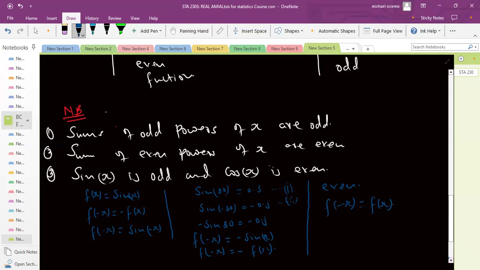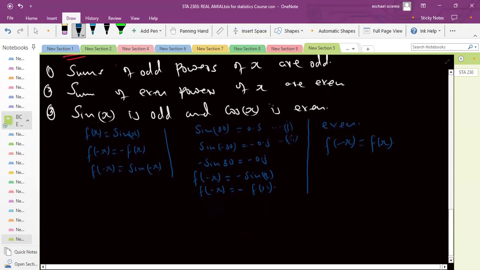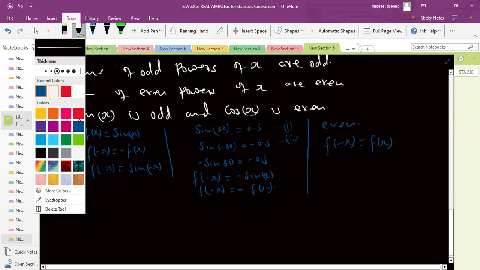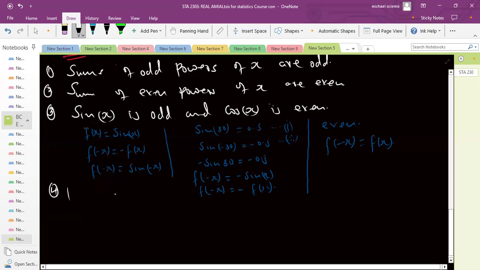Now, the next thing to note, number 4, is that the product of two odd functions is even.